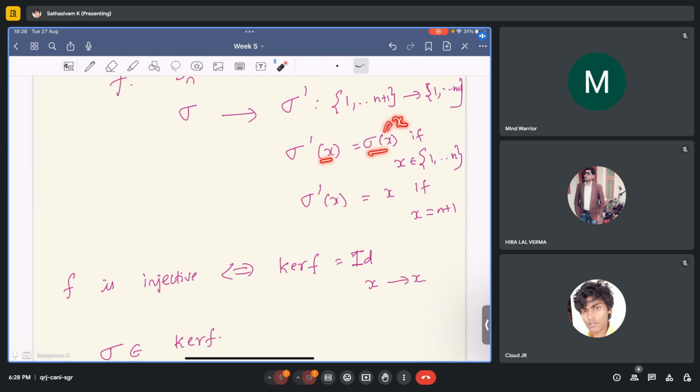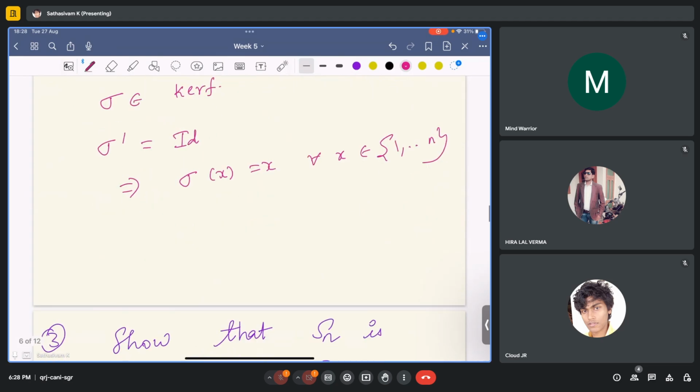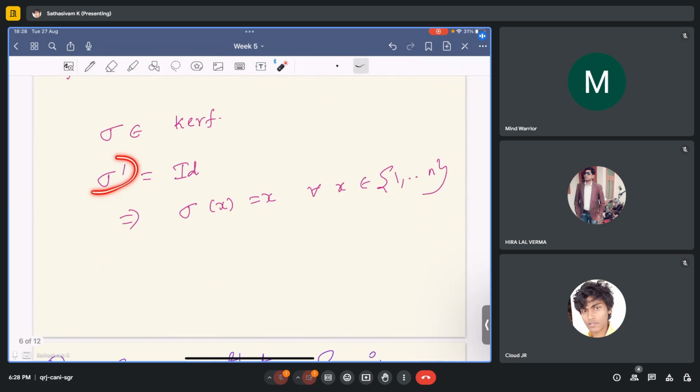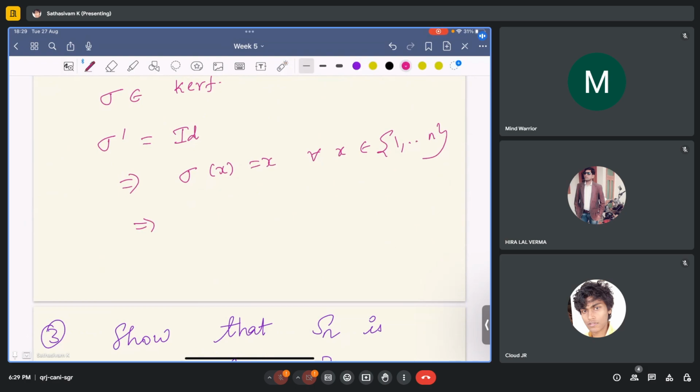In particular, sigma of x has to be x for all x belongs to 1 to n. Because sigma prime of x is equal to x, but sigma prime of x is nothing but sigma of x if x is in this set. So this tells you sigma is identity.